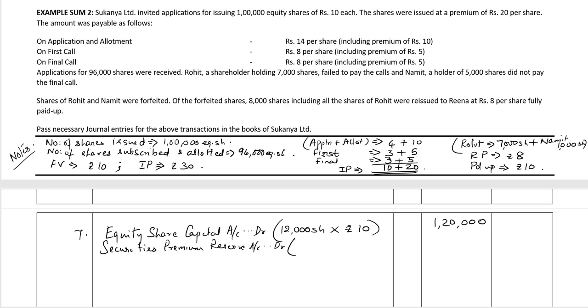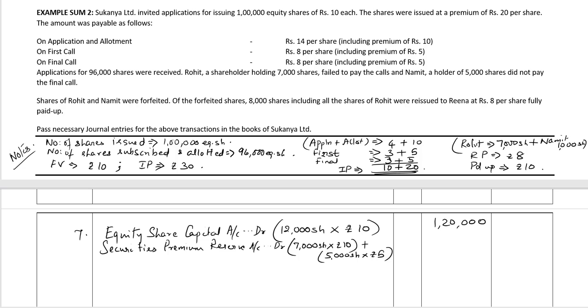On Rohit's 7,000 shares, we did not receive the premium payable on the first call as well as the second call, the total of which is rupees 10. And on Namit's 5,000 shares, we did not receive the final call premium, which is rupees 5.